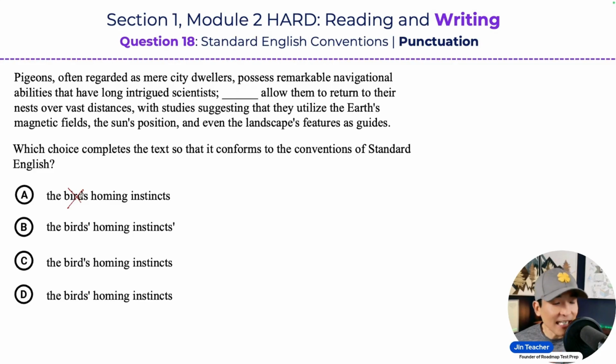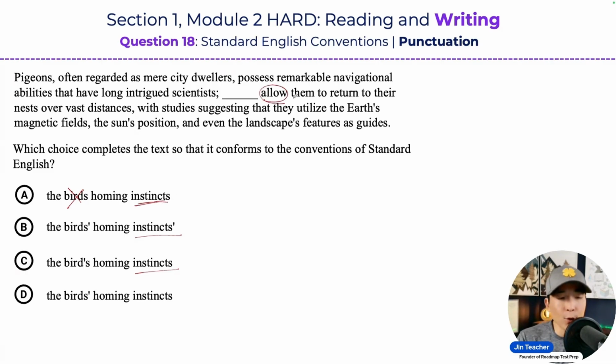The second thing that I want you guys to look at is we can do the same thing now with instincts and instincts' possessive. Again, notice how answer choices A, C, and D write the word instincts in the plural noun form, while answer choice B writes the word instincts in a possessive form. So which one's correct? If we look at the passage here now, notice how it says the instincts allow.